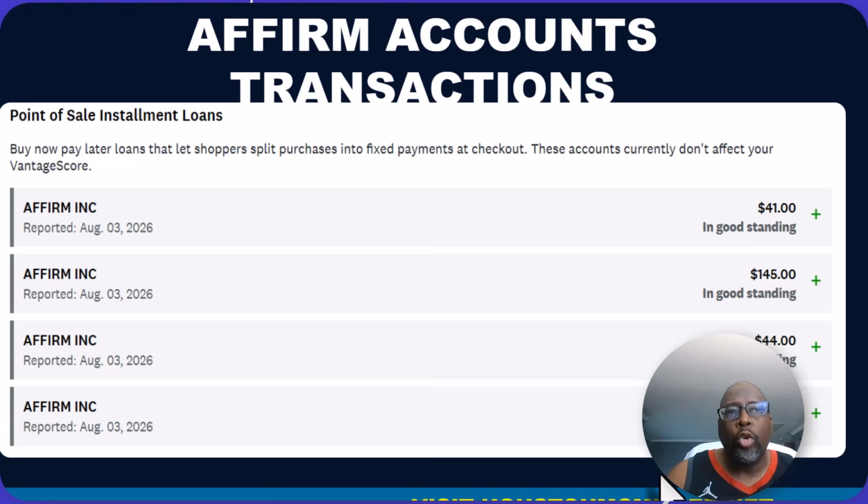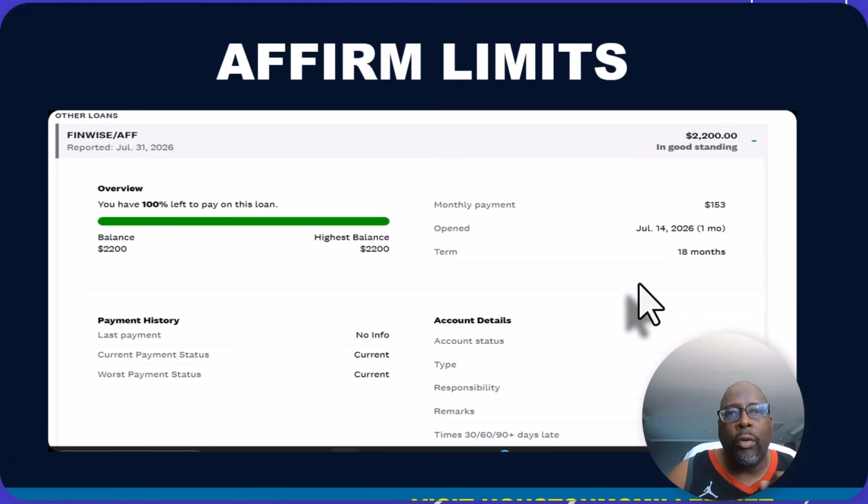This is why most people's credit scores drop, because they're not aware. Even though you can have 5,000, 10,000 from Affirm, each transaction you do is going to report as a separate transaction on your credit file, and it's not going to report from the subtracting balance.